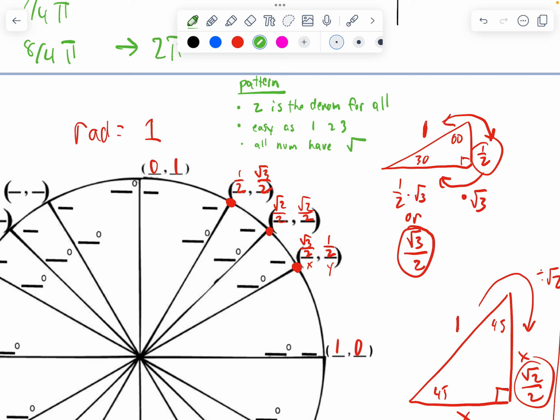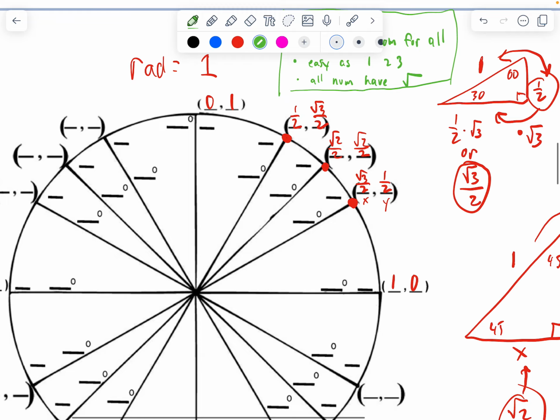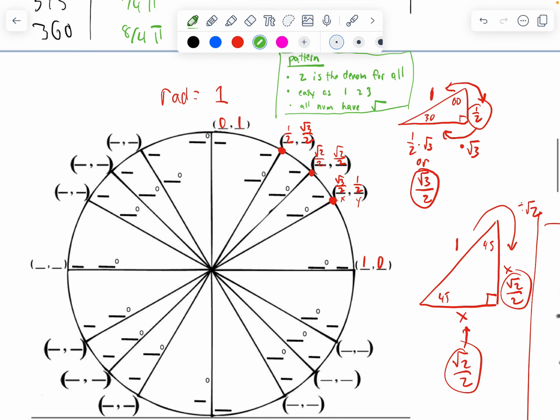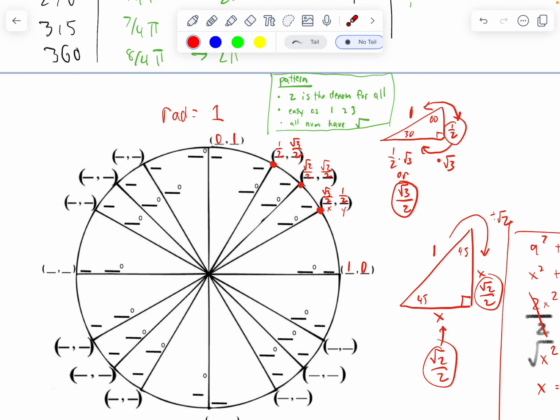All numerator values have a square root. And I guess if you think about it, this technically is a square root too, right? Because what is the square root of 1? It's just 1, but we just don't write the square root. So, you know what I mean? Like, they all have a square root. So if you use the patterns to remember, it helps you memorize this a lot better. All right, so that's a lot of work, right? We got one quadrant done.